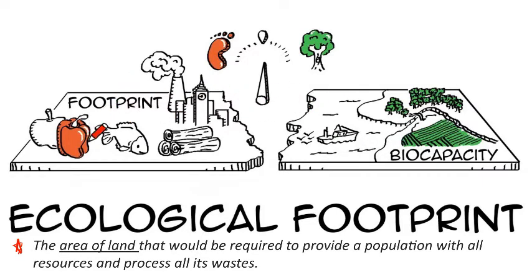Our footprint is the consumption of these resources and the amount of waste generated. So this is all our negative stuff that we do. Over here in our biocapacity, this is the positive stuff that our planet is able to do and deal with. So our footprint is our balance between the resources consumed and waste produced versus the Earth's ability to produce the resources and process the waste that we produce.